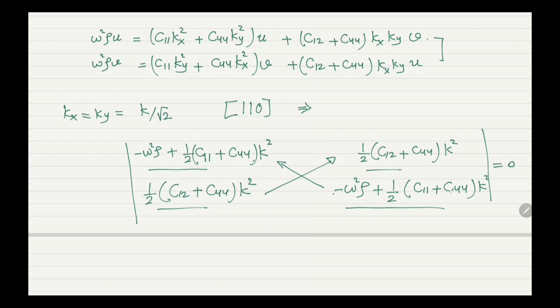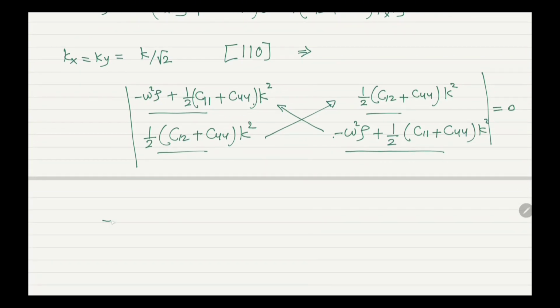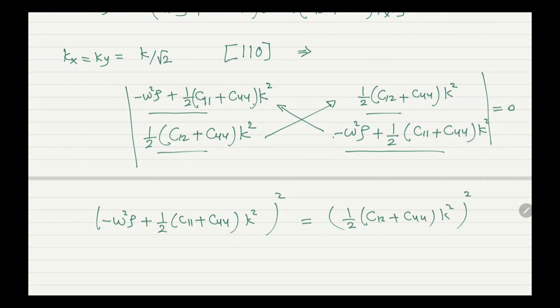So the square of this part here, just write it down, minus omega square rho plus half (C11 plus C44) k square, is actually equal to this one here, half (C12 plus C44) k square, all squared.